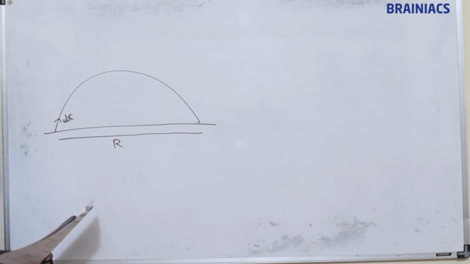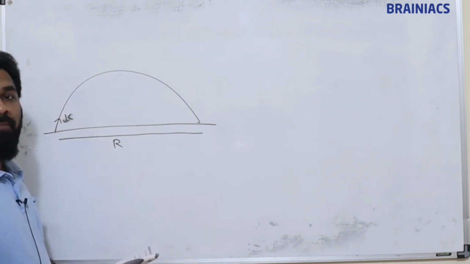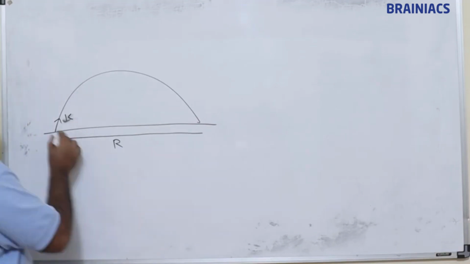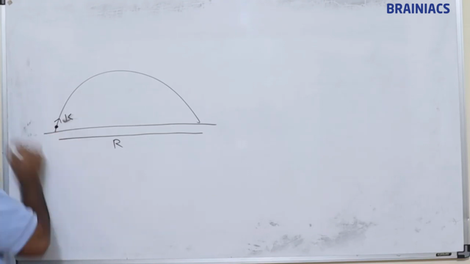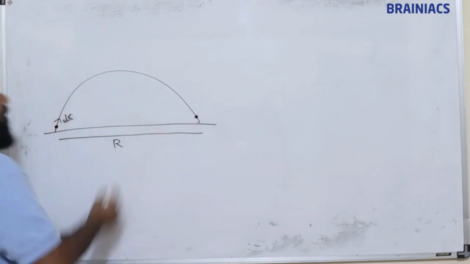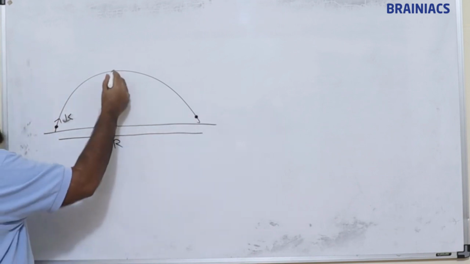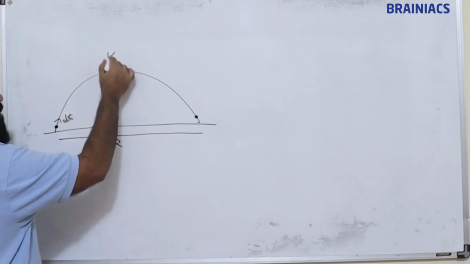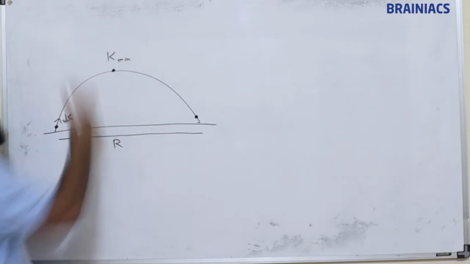So where are we going to have minimum kinetic energy? Here also total energy is kinetic energy. Where maximum potential energy is possible at this height, here only we are going to have minimum kinetic energy.